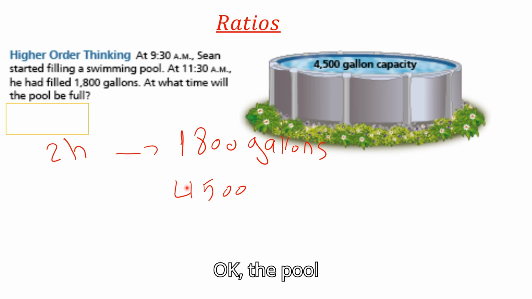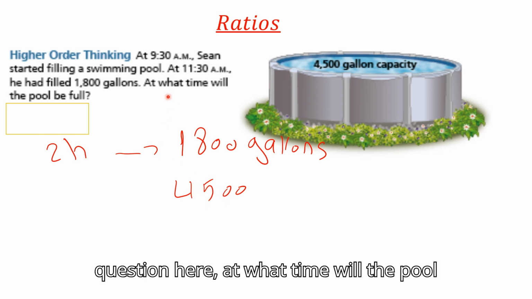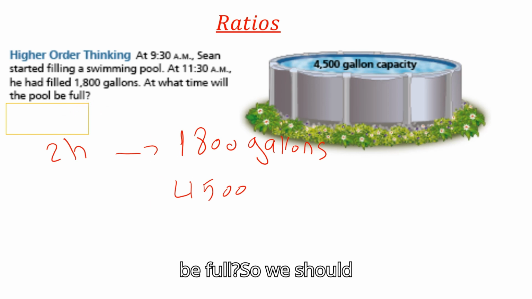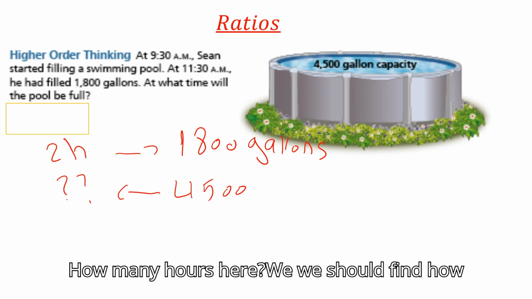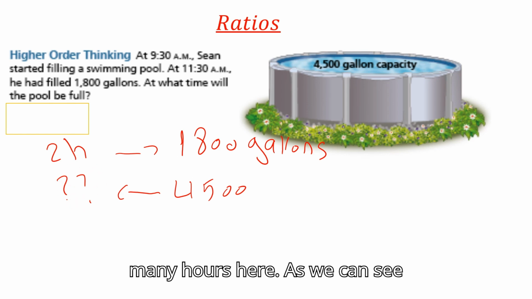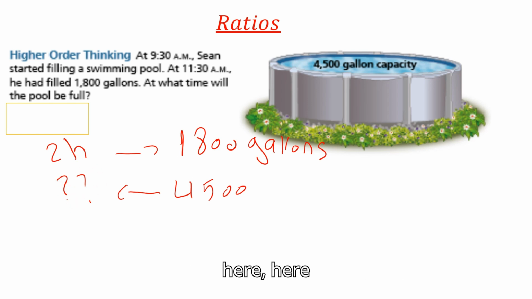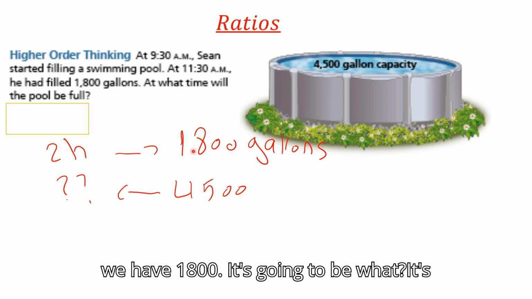The pool needs to be filled to 4,500 gallons. But the question here, at what time will the pool be full? So we should find how many hours here. As we can see here, we have 1,800.